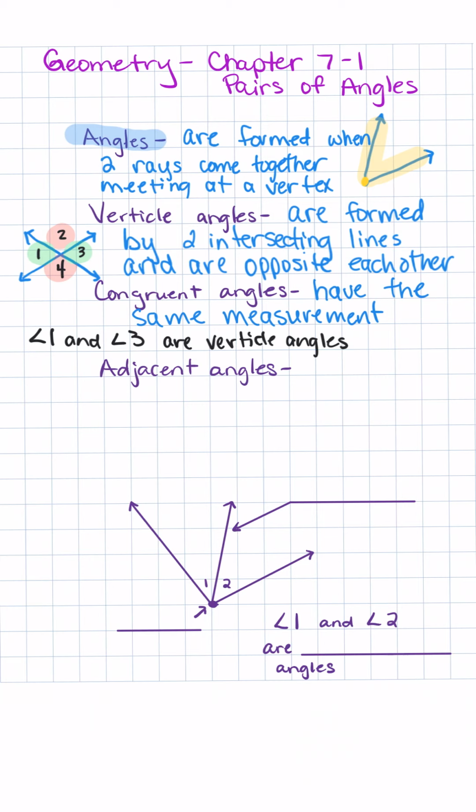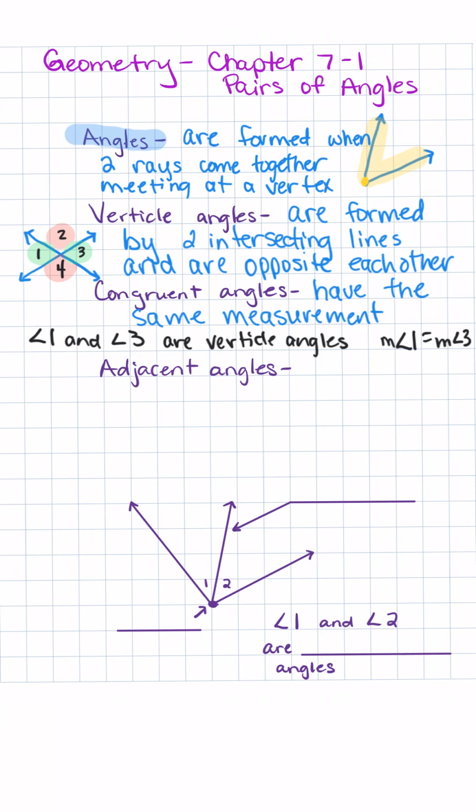We also can see that the measurement of angle 1 is equal to the measurement of angle 3, because where these lines come together, 1 and 3 have the same measurement, 2 and 4 have the same measurement.